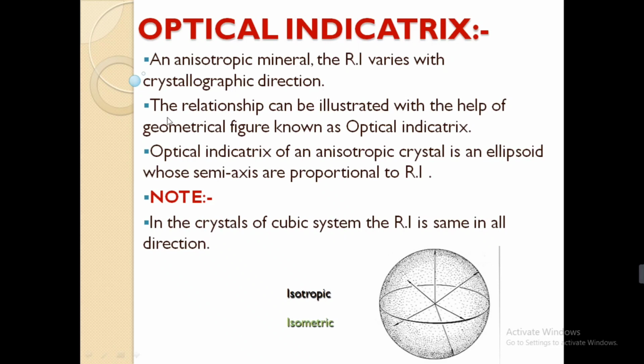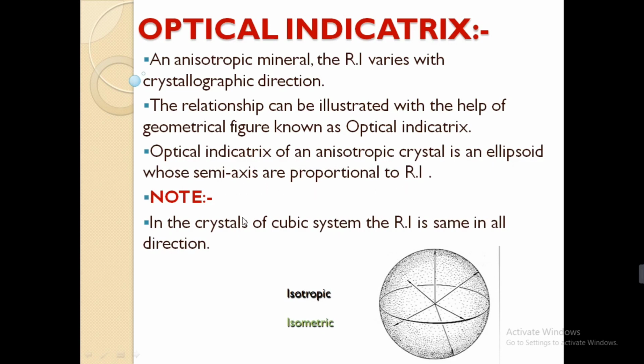Similarly, the relationship can be illustrated with the help of a geometrical figure known as the optical indicatrix. The optical indicatrix of an anisotropic crystal is an ellipsoid whose semi-axes are proportional to the refractive indices.